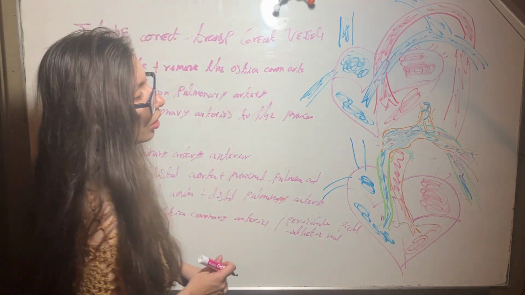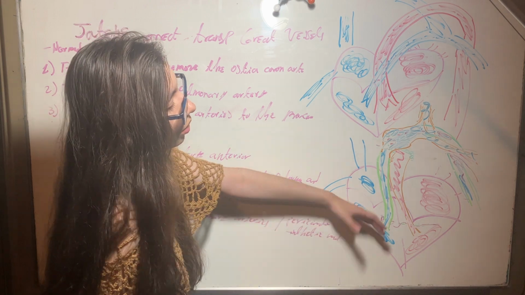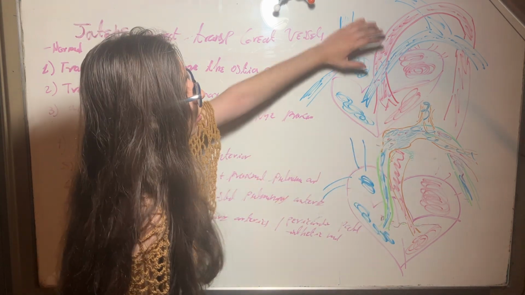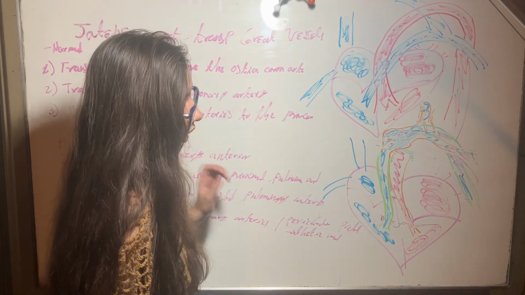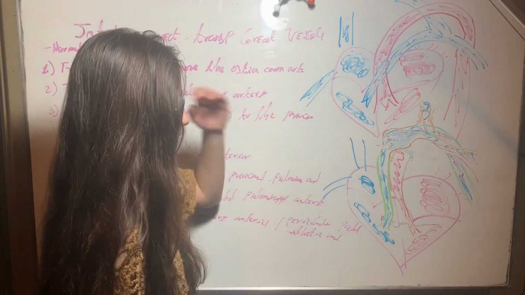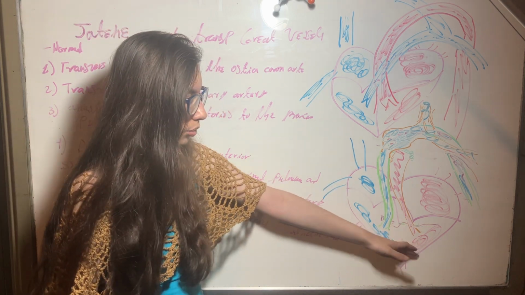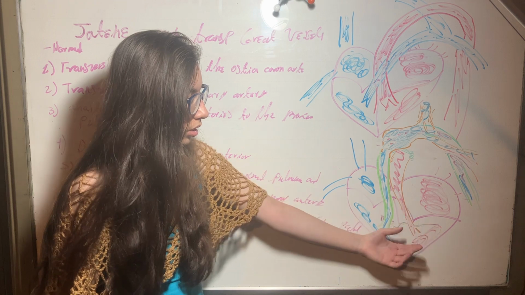And so now we have pretty much the same circulation as a normal heart. The only difference is that, of course, we still have a communication between left and right.